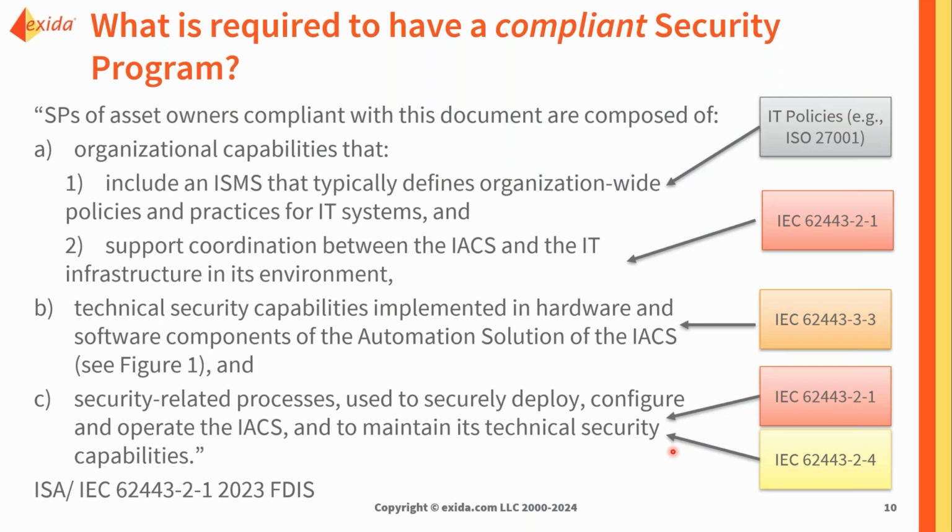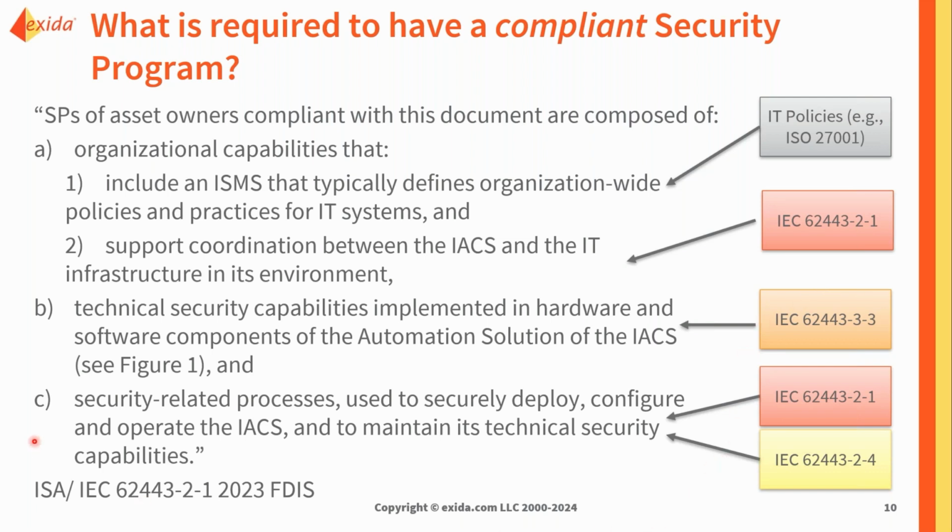And so that actually looks at all of these parts of the standard for 2-1, 2-4, 3-3, as well as that 3-2 to make sure the risk assessment's done. So that gives an idea of really what's involved with the site looking to comply with the standard.